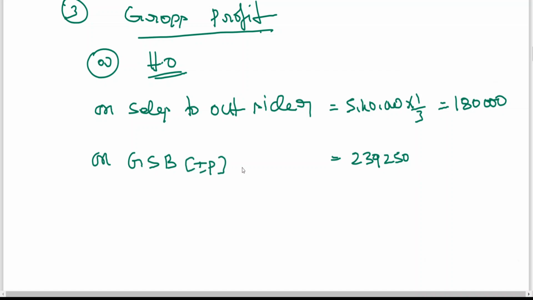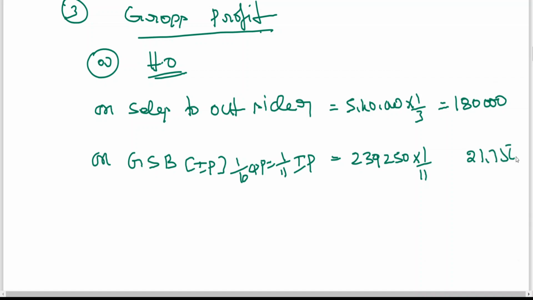So I am converting the CP into IP. 1/10 of CP is equal to 1/11th of IP. So 2,39,250 into 1 by 11 is coming to 21,750.